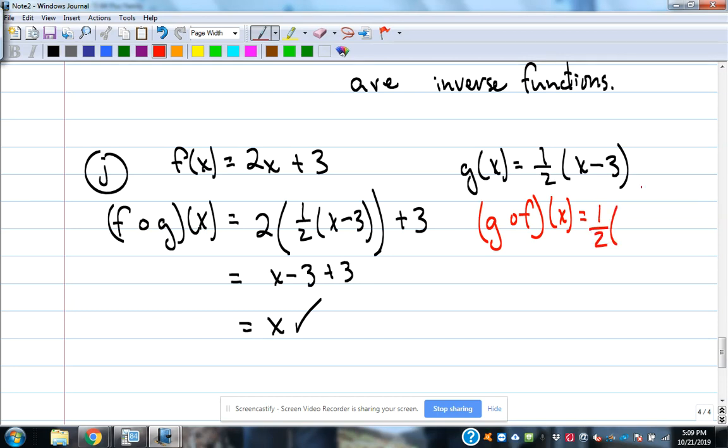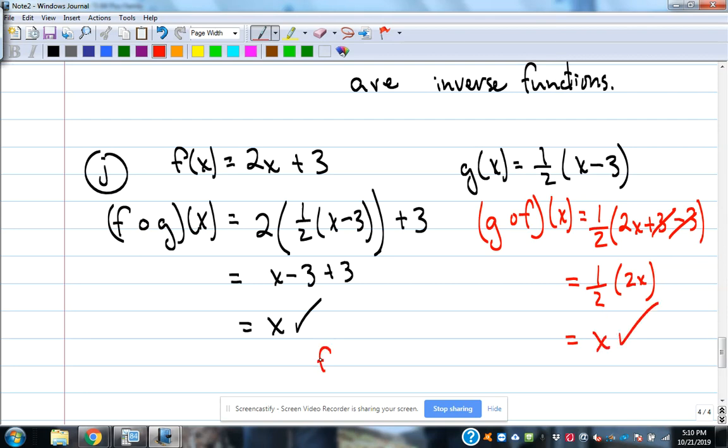1/2 parentheses 2x plus 3 minus 3. That seems easier to work out to me than the first one did, so this is probably the direction I would have chosen. 3 minus 3 cancels each other out. 2x, half of 2x would be x, right?